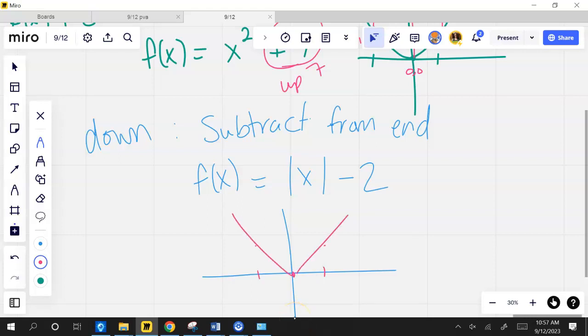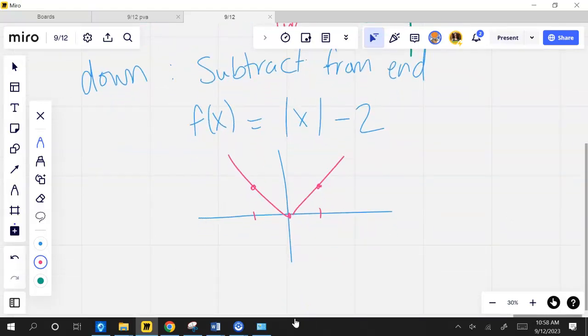This is an absolute value, so it looks a little different. To slide down 2, I take this same graph, and each of these points goes down 2. Notice the shape has not changed. It hasn't turned over. It hasn't done any of that. It just slid. That's it. Does that make sense? All right. Okay.